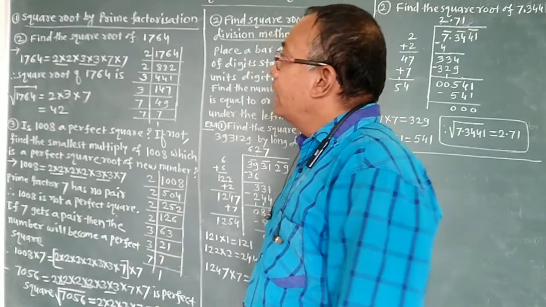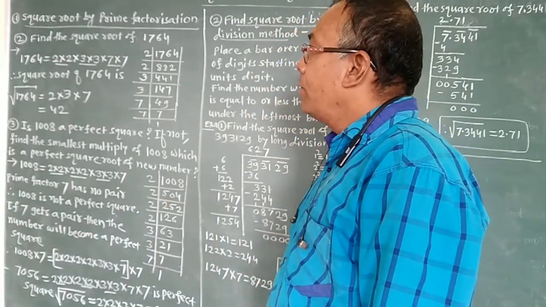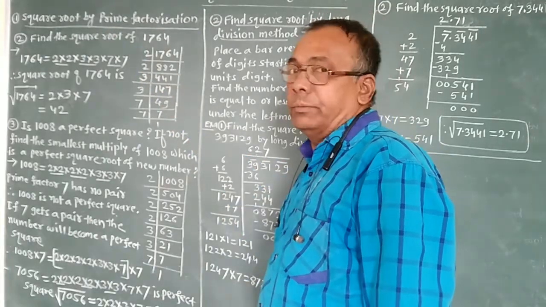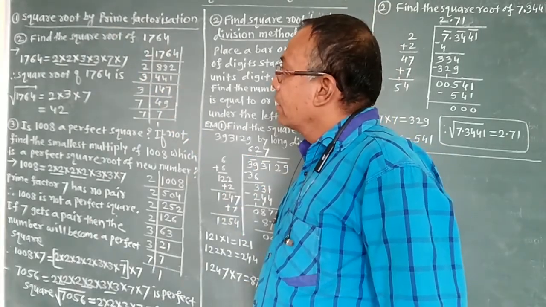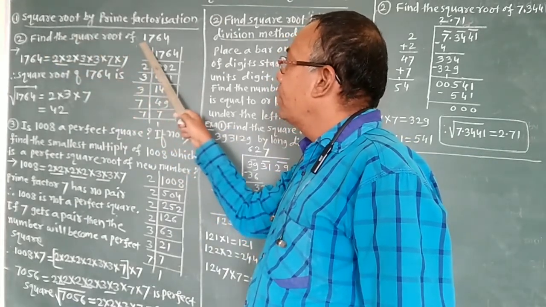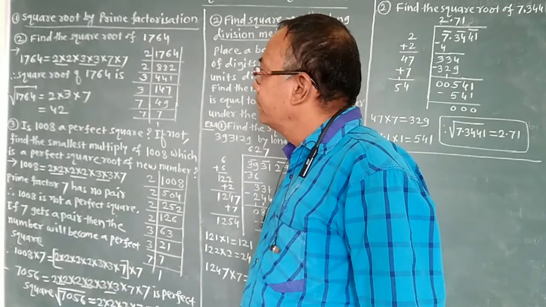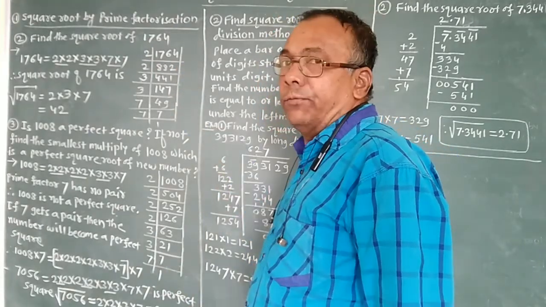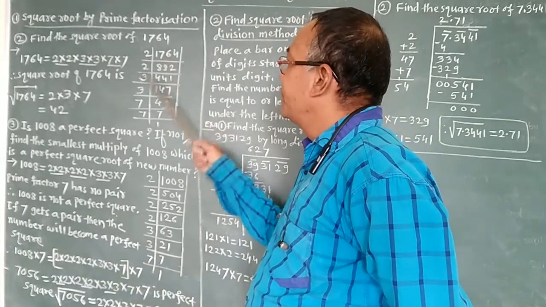The second example of finding square root by prime factorization is: find the square root of 1764. So first of all we will find the factors of 1764.